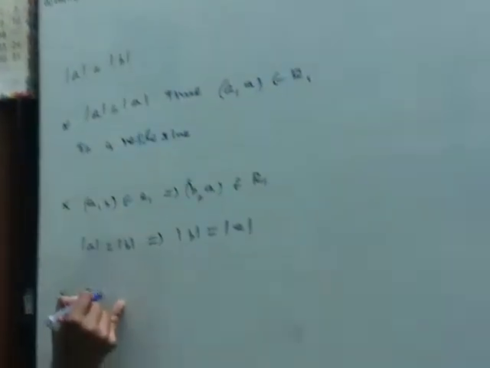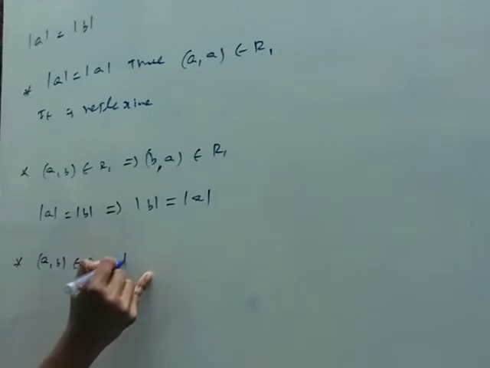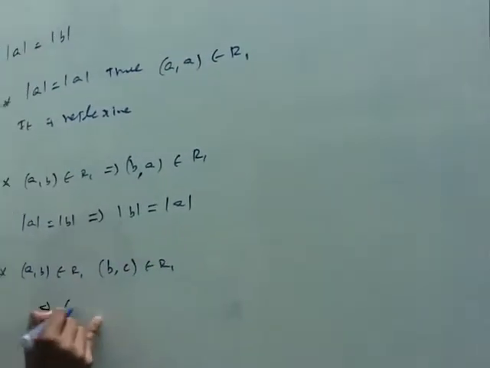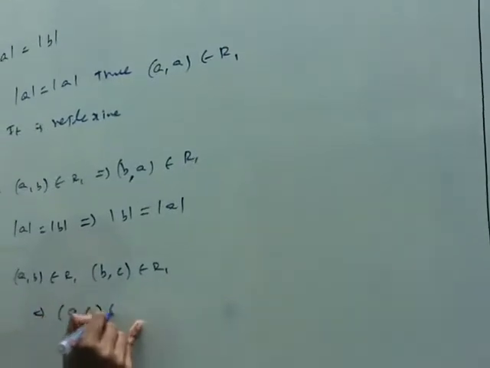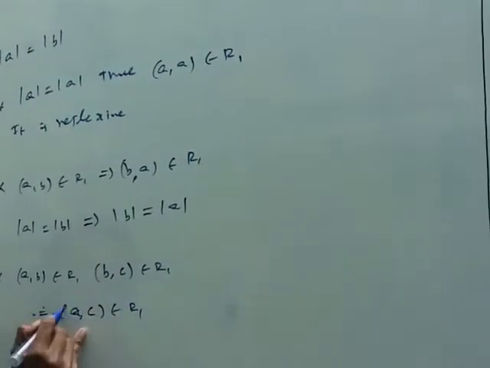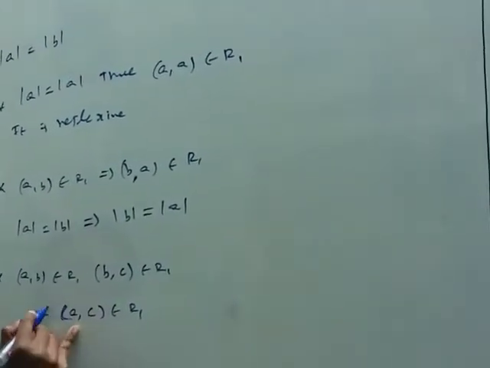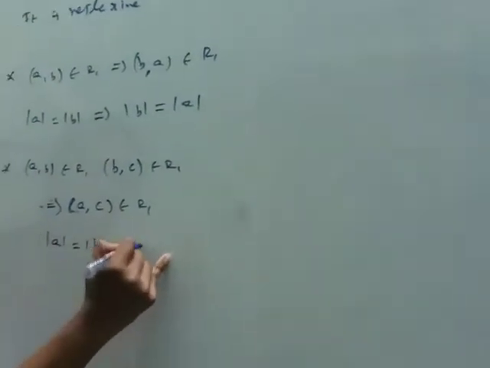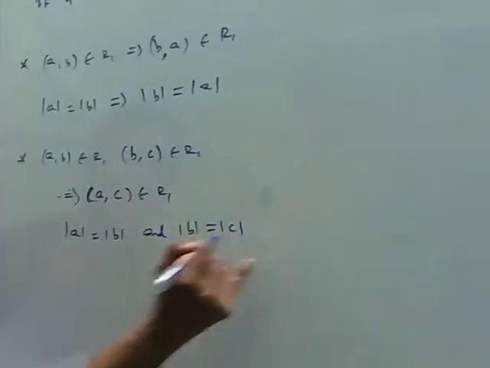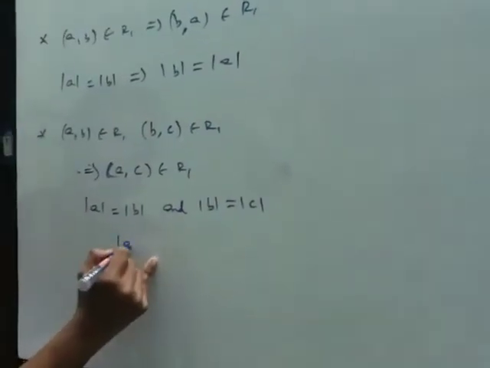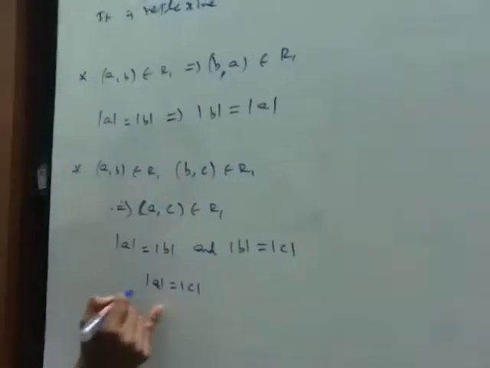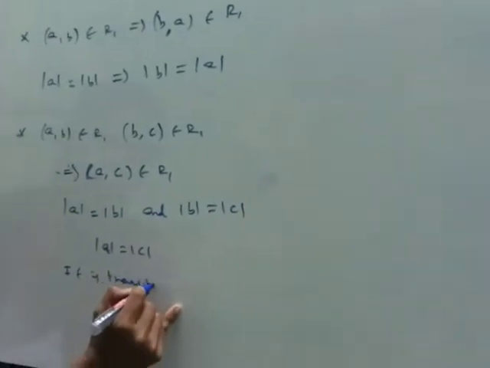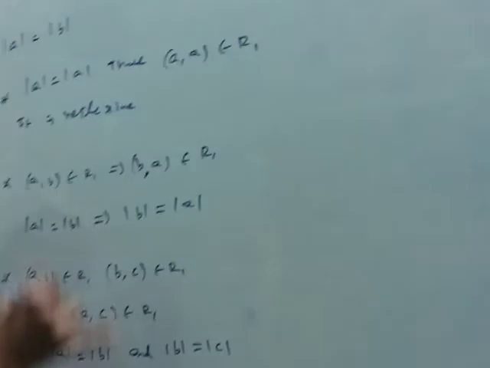Next, A comma B belongs to R1, B comma C belongs to R1 implies A comma C belongs to R1. How is it possible? Here A comma B belongs to R1 means modulus A equal to modulus B, and you have modulus B equal to modulus C. Combining these equations we get modulus A equal to modulus C. Therefore it is transitive. Okay. So here altogether all 3 hold.